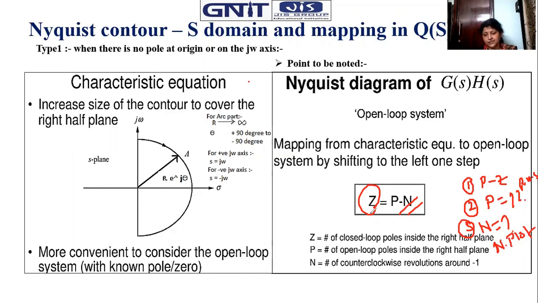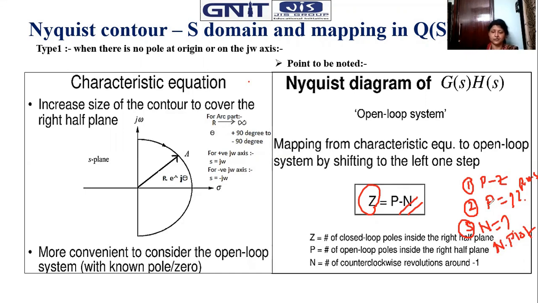And rather than this, the more general case is P at the right hand side, that is, open loop poles existing there. For a stable system, generally there is no pole at the right hand side. It is not the case for all systems, but in general.